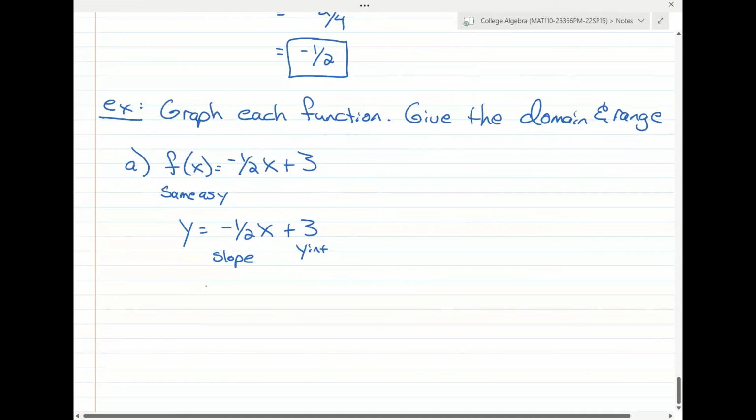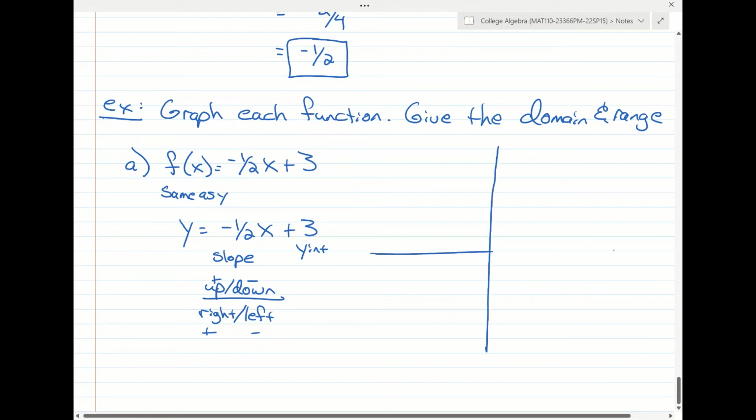When we talked about slope, we said the top number tells us to go up or down. The bottom number tells us whether to go right or left. So if the y-intercept is 3, and the slope is negative 1/2, that means we're going to go down 1 and to the right 2.